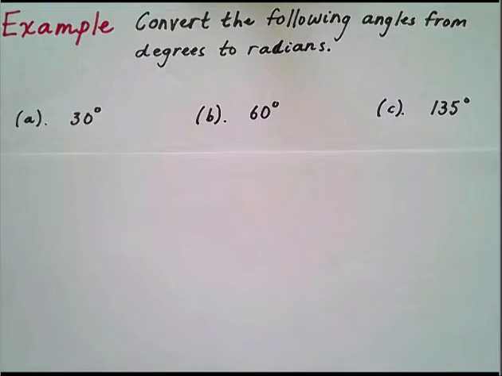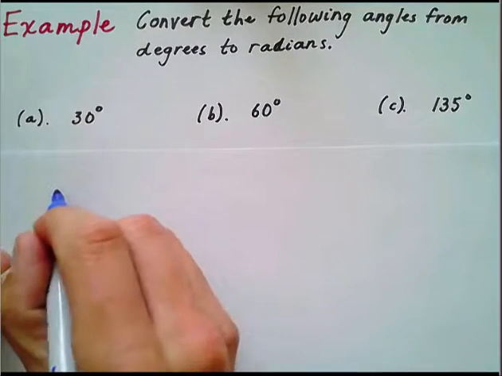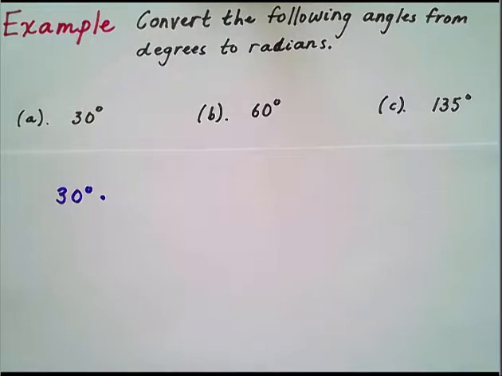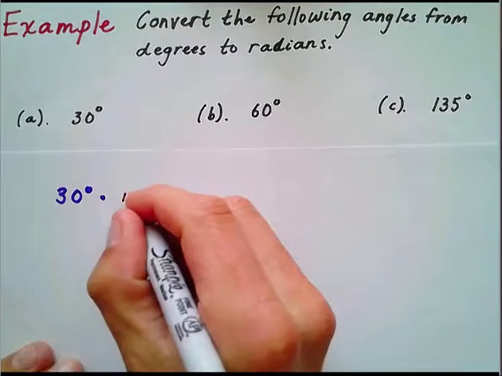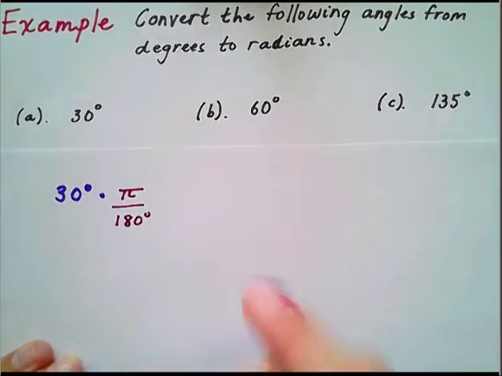So when I look at 30 degrees, I'm going to rewrite here. I've got 30 degrees times, remember from earlier, I want radians, so I'm going to multiply by pi over 180 degrees.